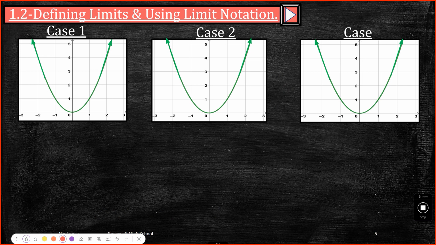Let me just focus on case 1. In case 1, you have this quadratic equation that is continuous. Continuous means that you can draw the parabola without lifting the pencil. It has no holes. It's defined everywhere for all reals. So this one is going to have a limit for sure.